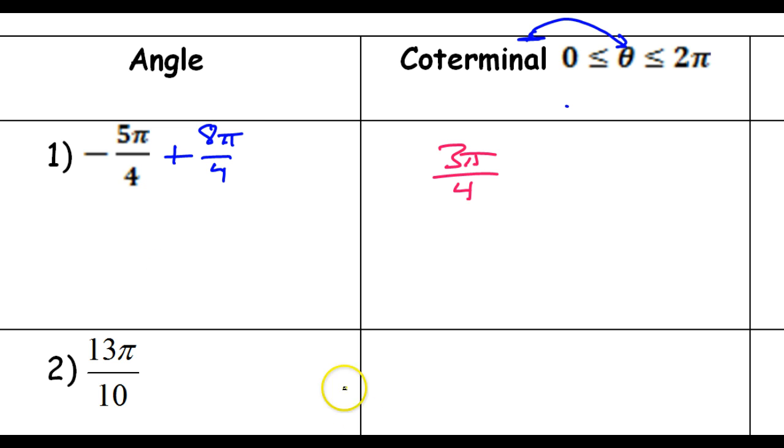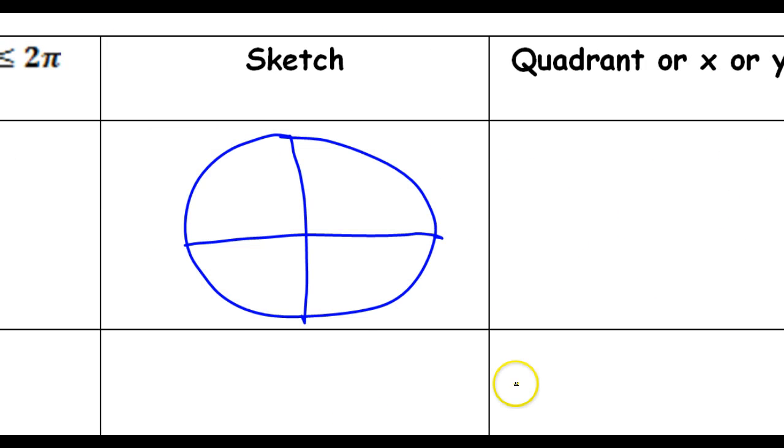Alright, pi over 4 is a special angle, so the way we handle that is if we're dealing with a reference angle of pi over 4, we draw some reference angles of pi over 4. So if I split this like this, see how there's 4 angles in the top? That means each one of these is pi over 4.